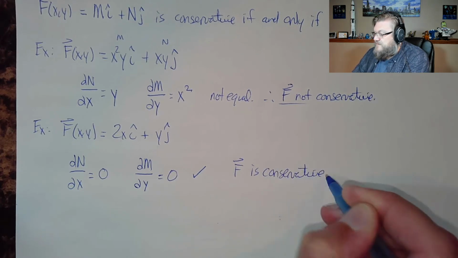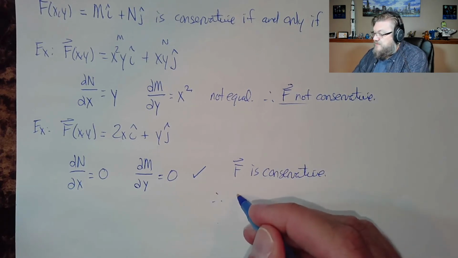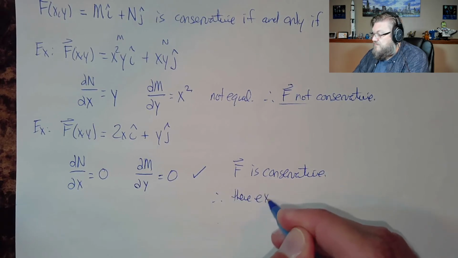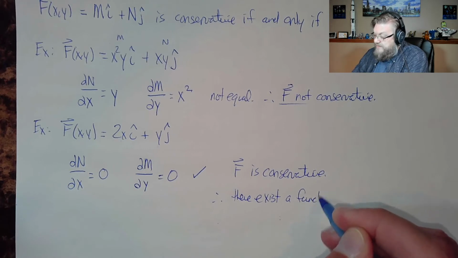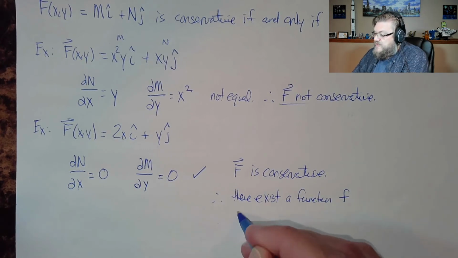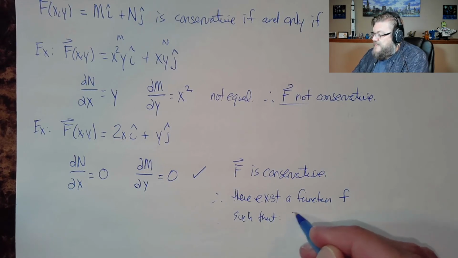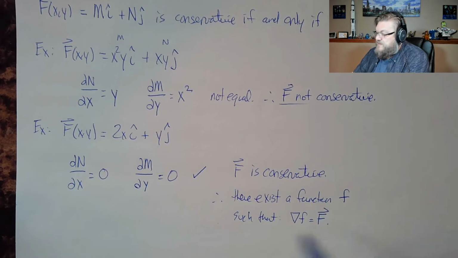And what does that mean by definition? Therefore, there exists a function f, little f, such that the gradient of little f is going to be this field here that I have.